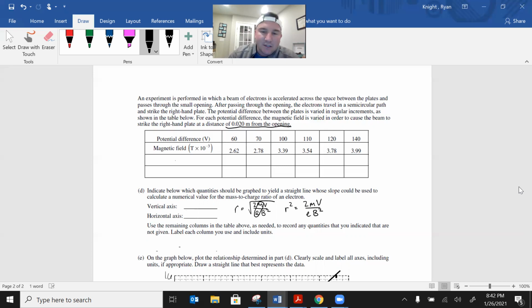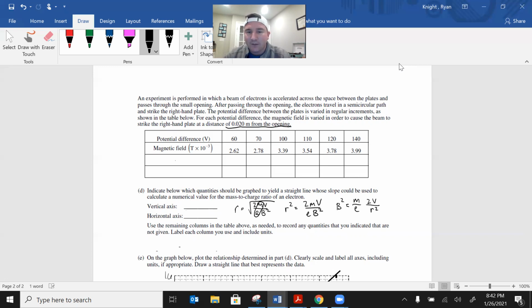The problem with that is r is a constant, which means we can't set it up as one of our variables. It's not varying. It doesn't make sense. So we actually have to switch the r and the B here. So I'm going to switch B squared over here. So B squared equals, I'll put m over e together so we know our mass to charge ratio is there, and then we'll get 2V over r squared, right?